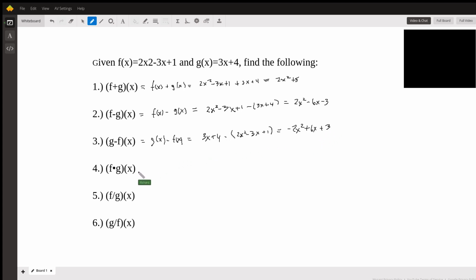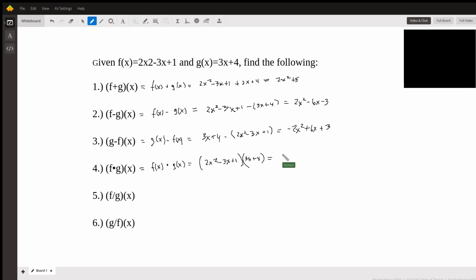This one, as you might expect, is multiplication. It's f of x times g of x. So it's going to be 2x squared minus 3x plus 1 times g of x, 3x plus 4. So we'll first distribute the 3x.